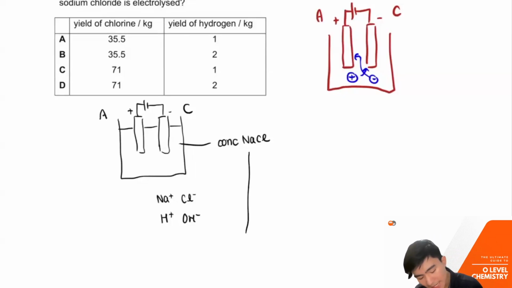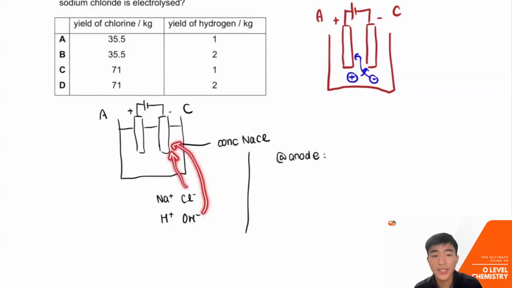Now, first, we must understand at the anode, what is going to happen. Anode is where the negative ions go. This is a situation whereby I have Cl- and OH- fighting. So is it Cl- will be discharged or OH- will be discharged? Because this is a concentrated solution, Cl- will be discharged.